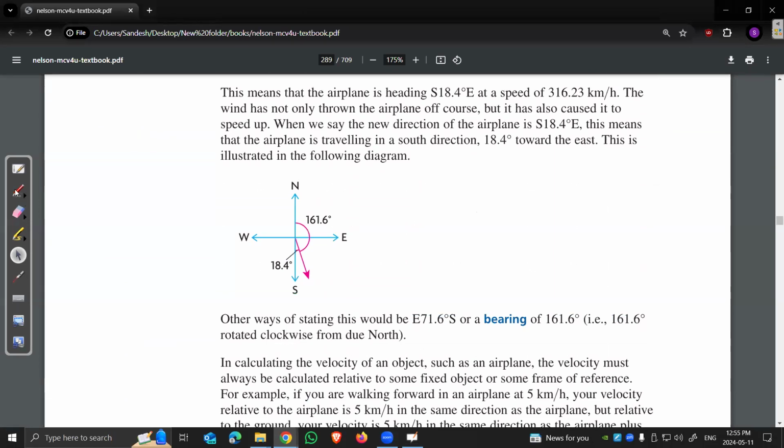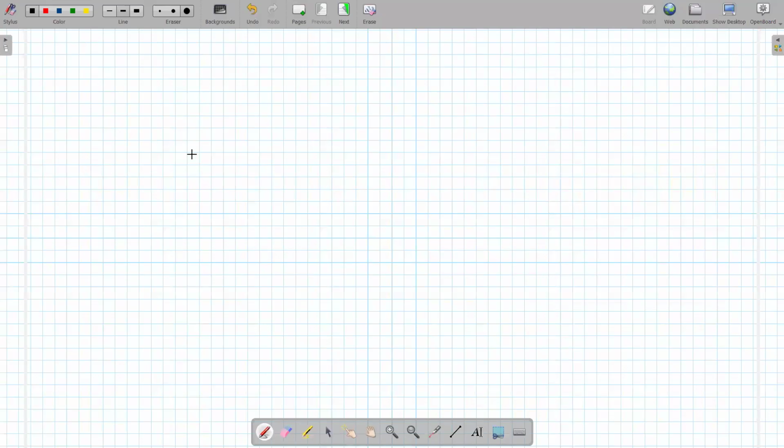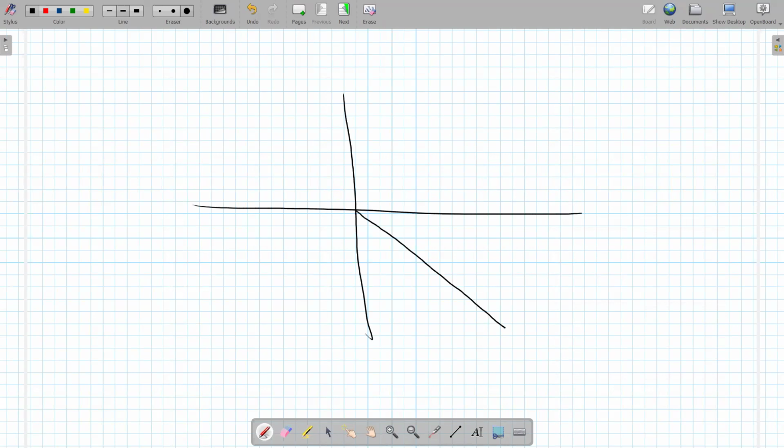And then there's a third way you can do this, which is the worst way, I think: you can use a bearing. A bearing is always strictly from the north. Our sketch down there was like that. This was the wind, this was the plane. This angle was 72 degrees. When you talk about bearing, you don't have to worry about east, north, south, west.